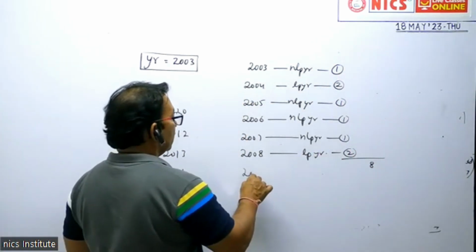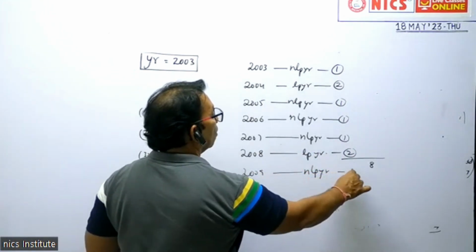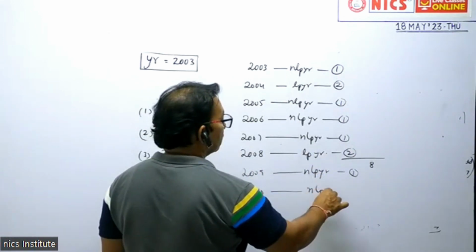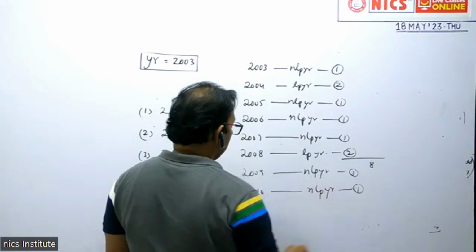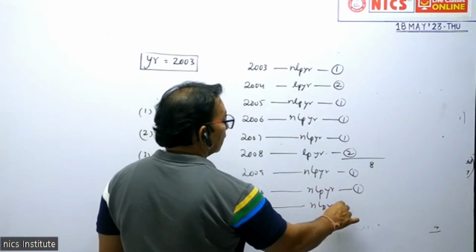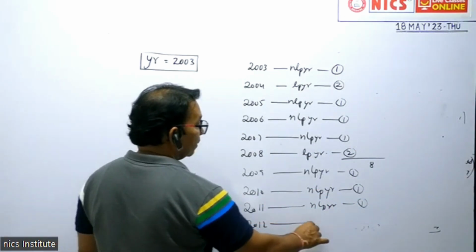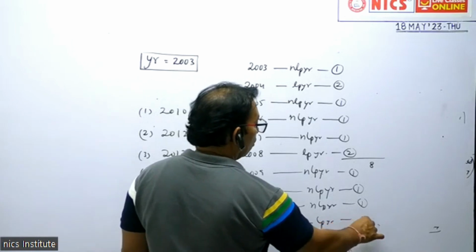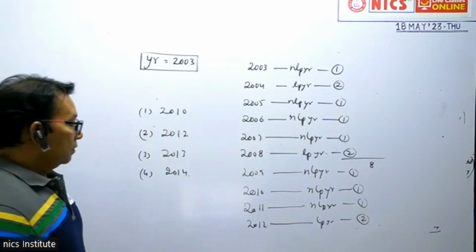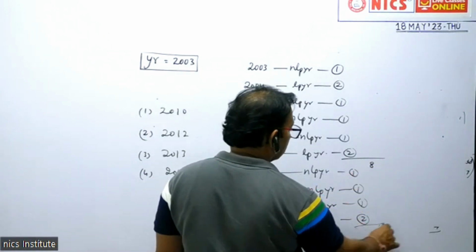Then 2009, again non-leap year, one odd day. 2010, non-leap year, again one odd day. 2011, non-leap year, again one day. 2012 is a leap year. It would be two odd days. So far it is 8, 9, 10, 11, and 13.